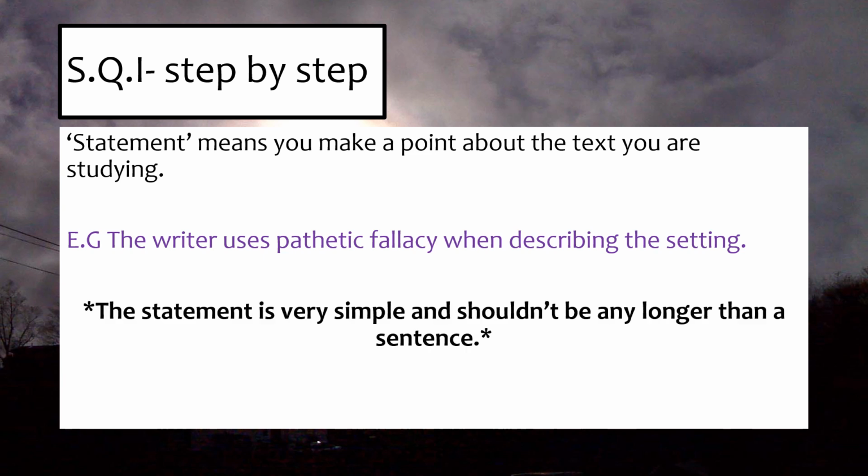Your statement doesn't need to be very long. It should only be about 1 sentence and should be quite simple, okay? Remember, you're going to delve deeper into your analysis when you are doing your explanation, okay? So if you are stuck, you can use that one. If you want to make your own, go for it.